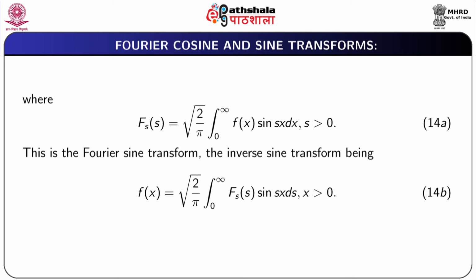where F_S(s) is equal to √(2/π) ∫ from 0 to ∞ f(x) sin sx dx, s positive, is known as the Fourier sine transform, and its inverse transform is given by f(x) equal to √(2/π) ∫ from 0 to ∞ F_S(s) sin sx ds for x positive, as given by equation 14b.